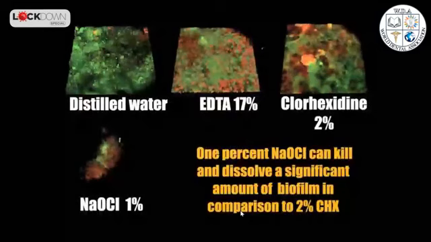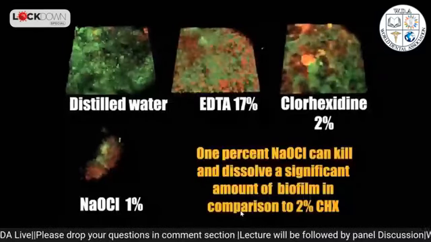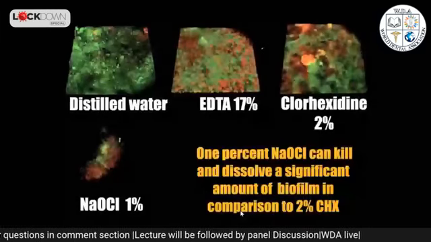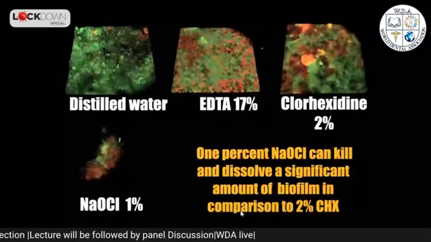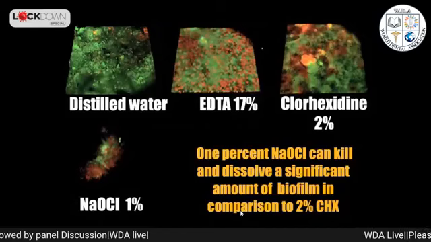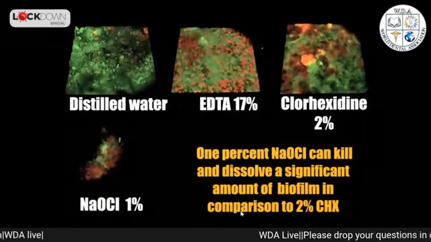And in another paper, this is from the IEJ, I personally tried to evaluate the different compounds that are used as irrigants. One of these is EDTA and chlorhexidine. So basically most of our irrigant solutions are distilled water, EDTA, chlorhexidine or sodium hypochlorite.